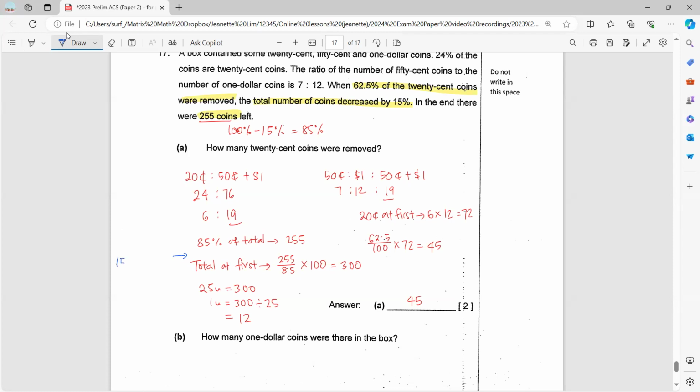You want to find 15% of the total, which is basically the decrease, right? So 255 divided by 85 times 15. This will also give us 45. Because the total decreased by 15%, that's 45. And that decrease is only due to 20-cent coins. So this could have been a faster method to find the answer, 45.